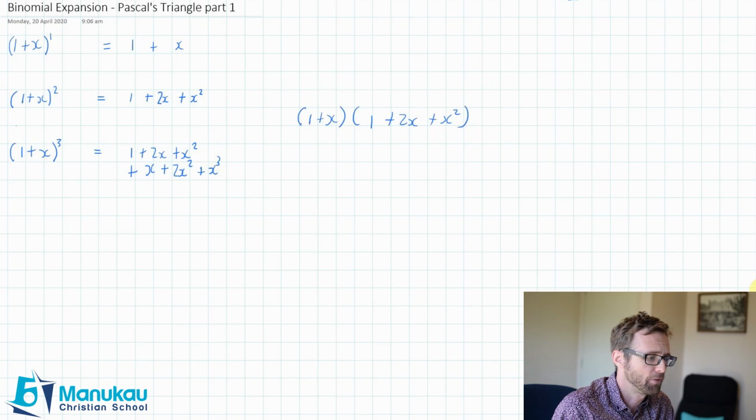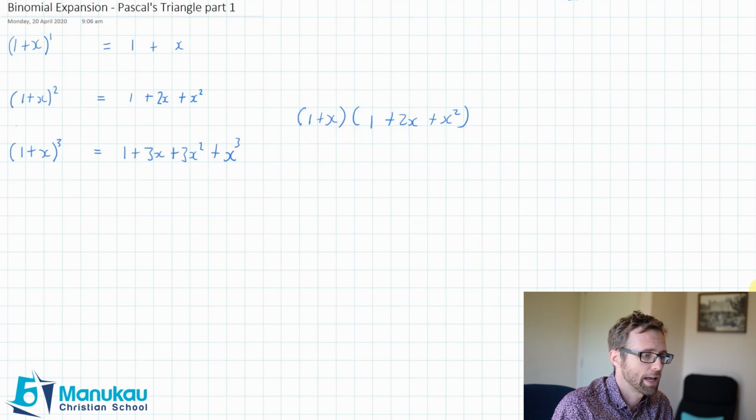Okay, now when we simplify this, you can see that we've got 1 plus 3x plus 3x squared plus x cubed. So I'm just going to rub that out and put it all on one line. So it'll be 1 plus 3x plus 3x squared plus x cubed. Okay, good, so far so good.